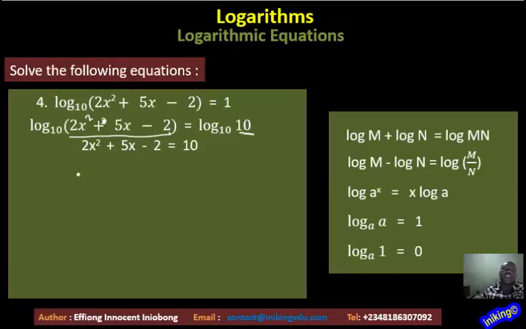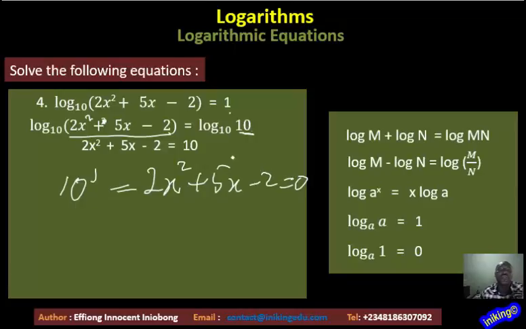On the other hand, as I said earlier, instead of changing this to log 10 to base 10, I can simply change my logarithmic expression to exponential. Sorry, that's a mistake, let's erase that.